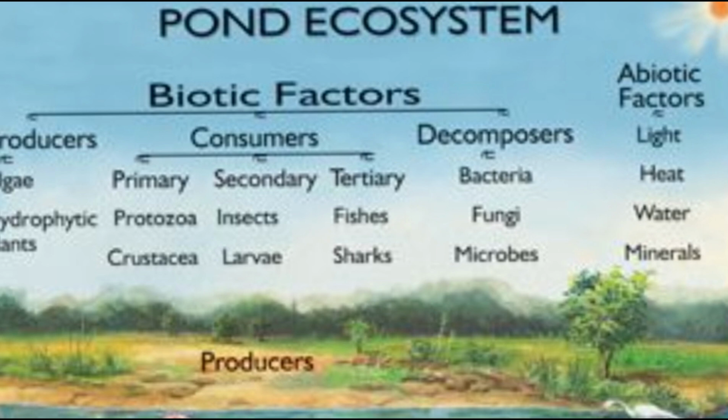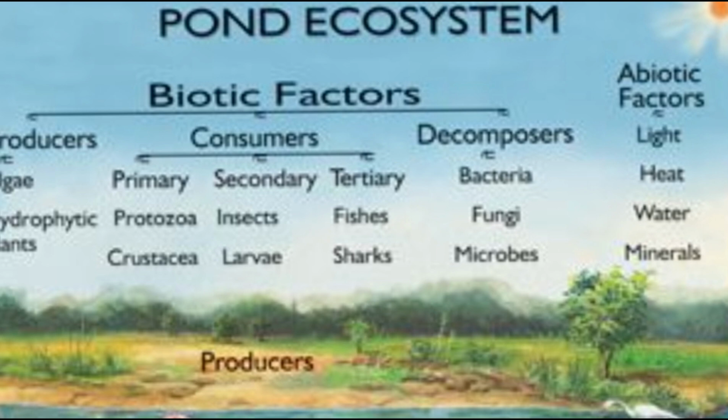The autotrophic component includes the phytoplankton like algae and the floating, submerged and emergent plants found at the edges. Consumers are represented by zooplankton, the free swimming and bottom dwelling forms. So decomposers, what are they? They are fungi, bacteria, and flagellates, especially abundant at the bottom of the pond.